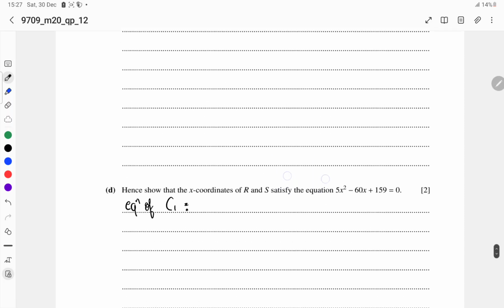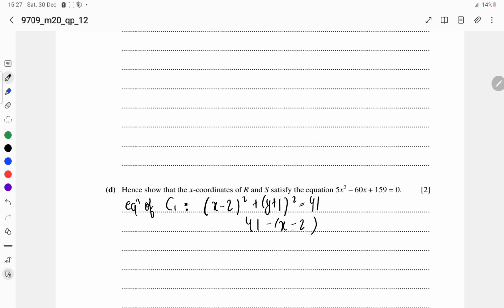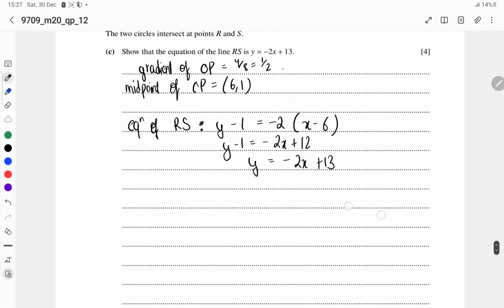So the equation of C1 is (x minus 2) whole squared plus (y plus 1) whole squared equals 41. Or maybe we can do it in a much better way. The equation of C1 is simply this, and then after, we do have the line equation, right?